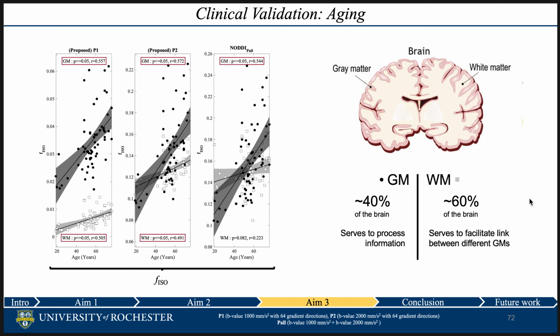So we looked at the gray matter and the white matter portion of the brain, and we observed that free water was increasing drastically when we were using P1, P2, or the multi-shell protocol. For all the cases, we saw the same trend happening. But with the multi-shell case, with white matter, the significance value was off. With single-shell cases, our sensitivity was much better.